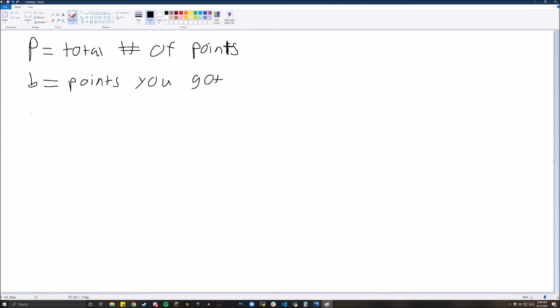And then let N equal the number of answers you chose. A thing I should note here: answers does not imply that you got them correct. It's just the ones that you checkboxed, the ones that you marked. The number of answers that you marked is N.